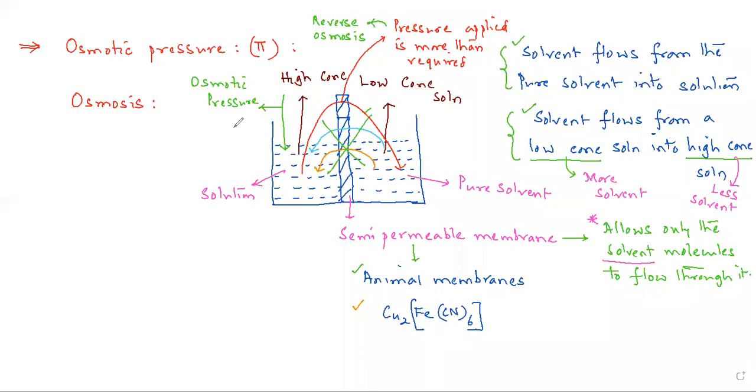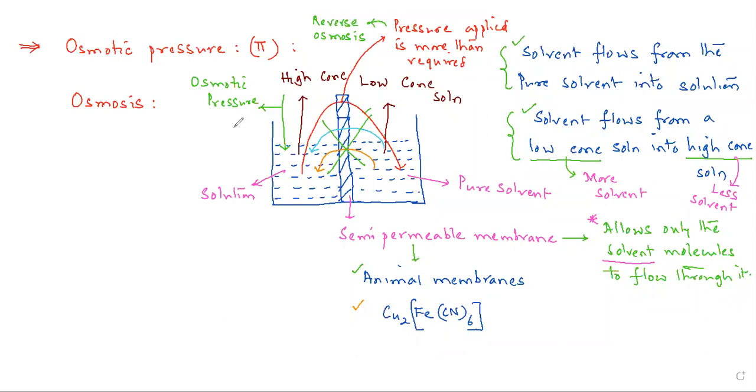So you get pure solvent from salty water. From the high concentrated one, you actually get the pure water by demineralizing or desalining the salty water. Okay, so that is very interesting.